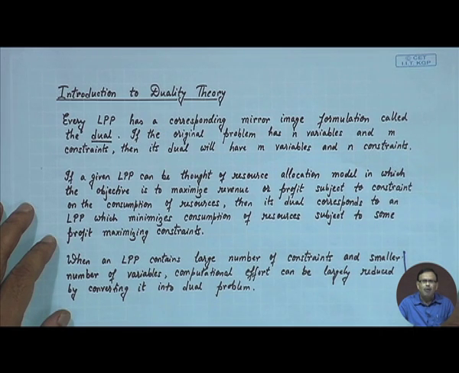So, our aim is, if I have fewer constraints, then I can get my solution quickly, or computationally it will take much less time. That is one of the basic reasons for converting the original LPP into its dual form, finding the solution of the dual problem, and then again finding the solution of the original problem from the dual problem.